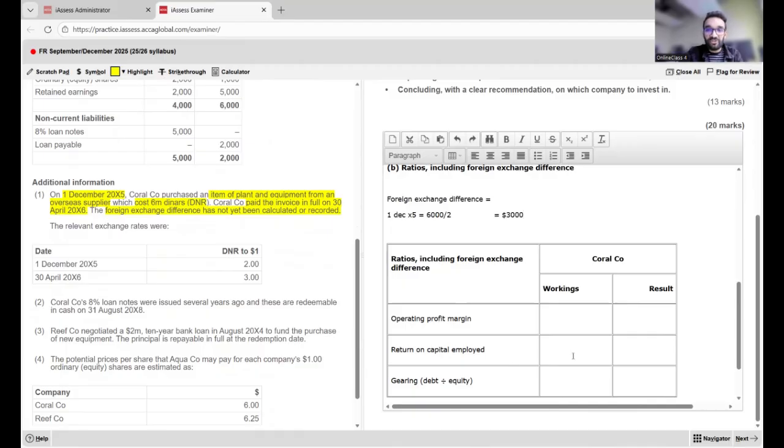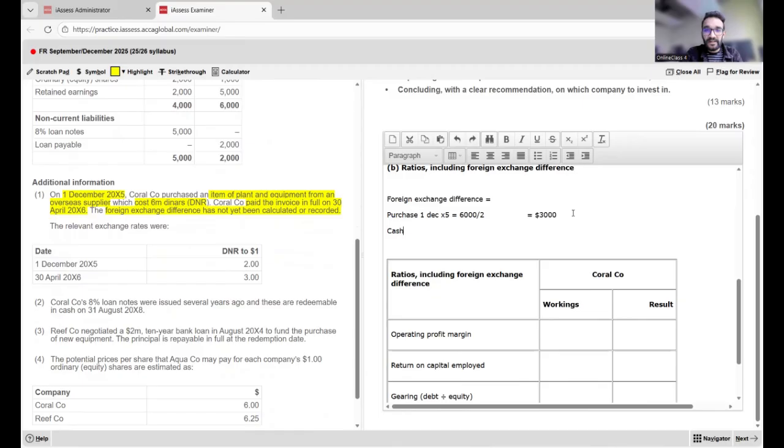This was on the purchase date. On the settlement date, when we paid the cash, which was, I guess, 30th April X6, the rate was 3. So 6,000 divided by 3 will be 2,000.